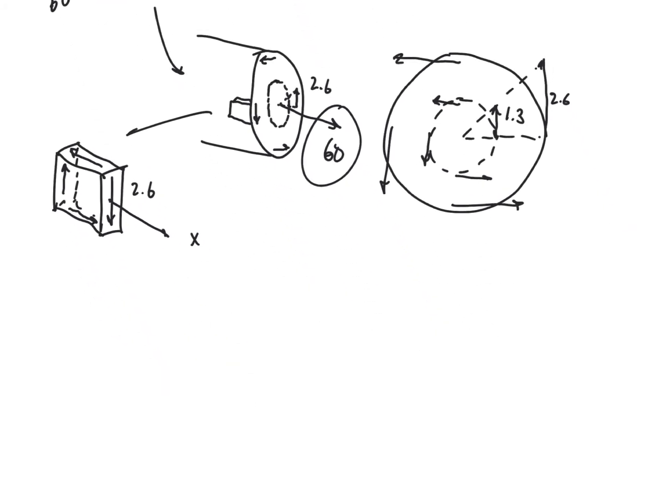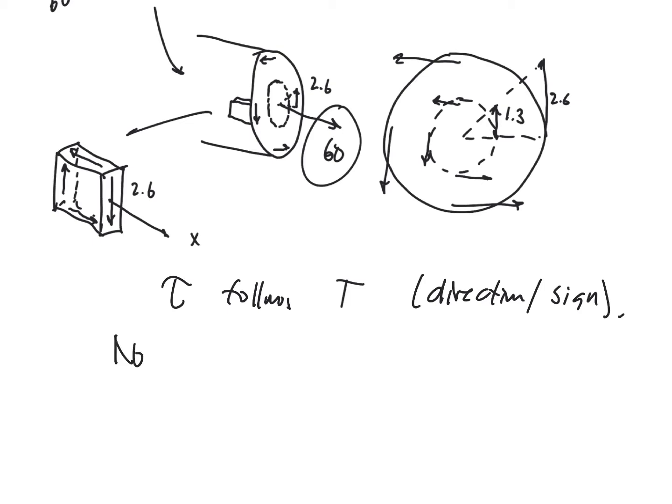So once again, to re-emphasize, the tau follows T in terms of its direction or sign. So you don't really need to worry about plus or minus, but I do want you to consider the physical direction. So let's write that down.